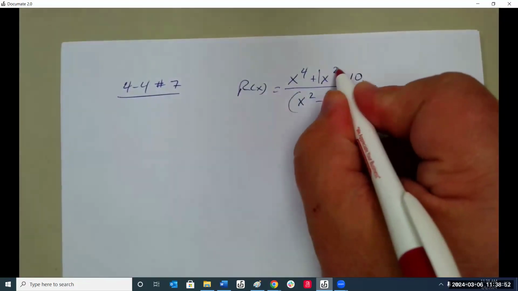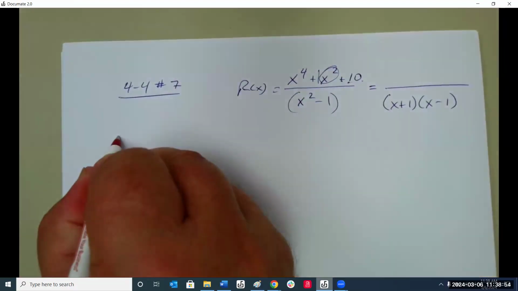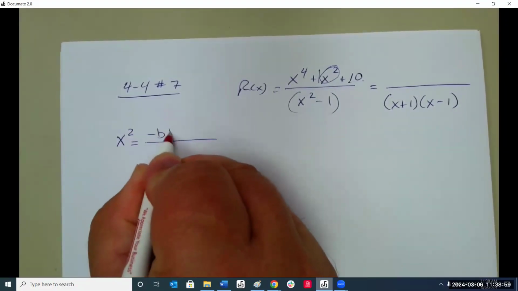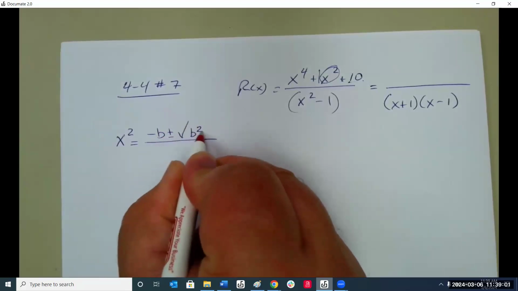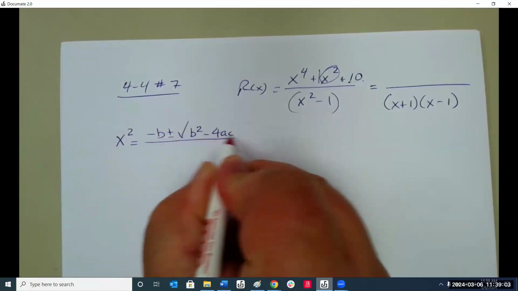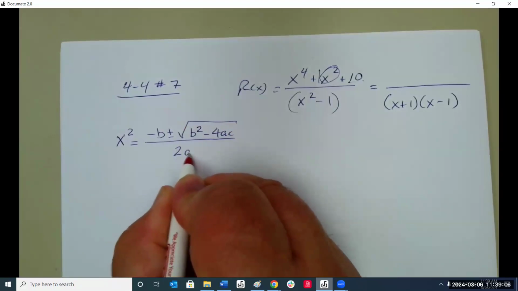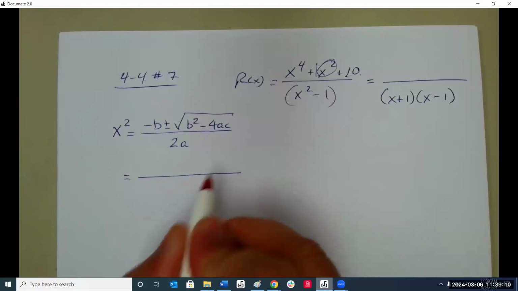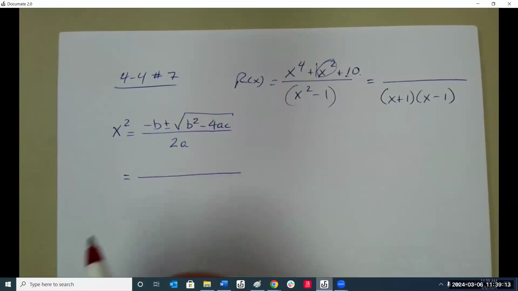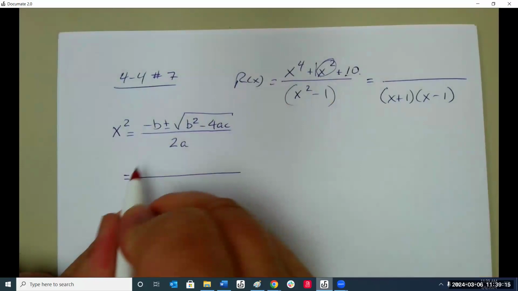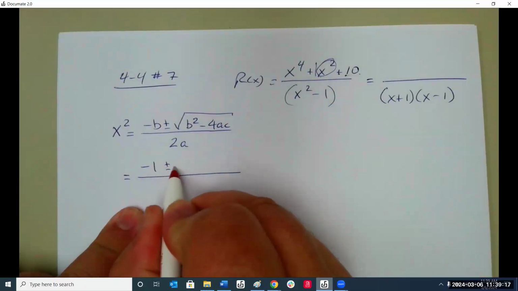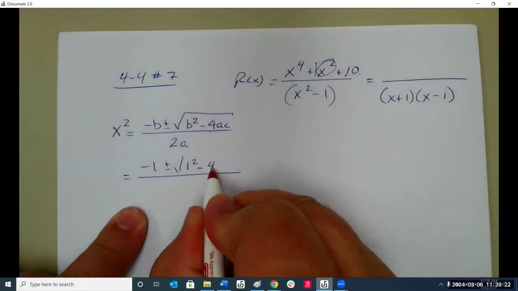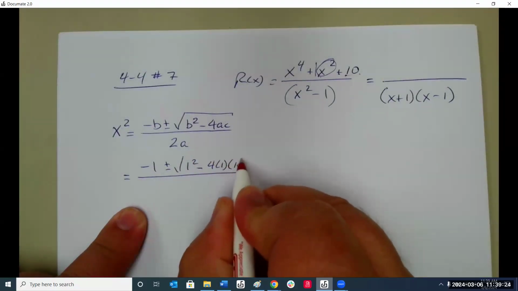Remember, we're solving for the middle term in the quadratic formula. So we're solving for x squared. Negative b plus or minus the square root of b squared minus 4ac over 2a. B is 1, so it's negative 1 plus or minus the square root of 1 squared minus 4 times 1 times 10.